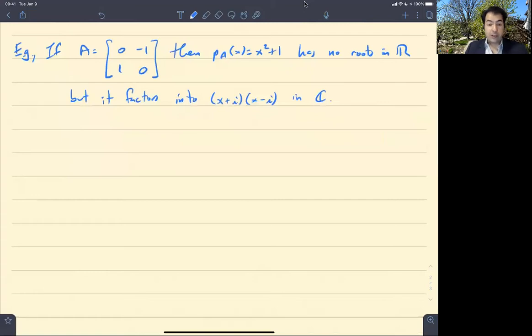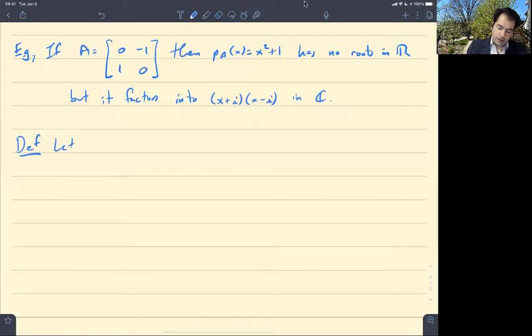So when you're working over an algebraically closed field, and you know that the characteristic polynomial is going to factor, you can talk about the multiplicity of an eigenvalue, which is going to be just how many times the linear factor corresponding to that eigenvalue occurs in the factorization of the characteristic polynomial. So here's the definition.